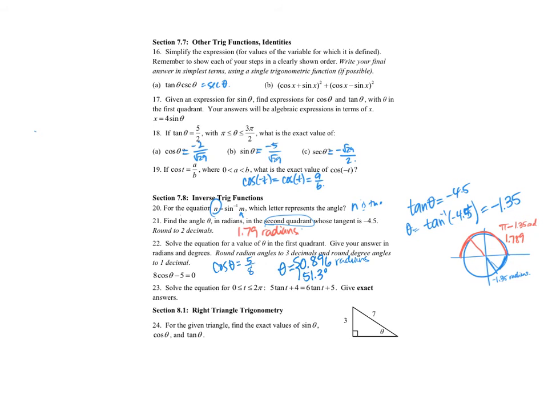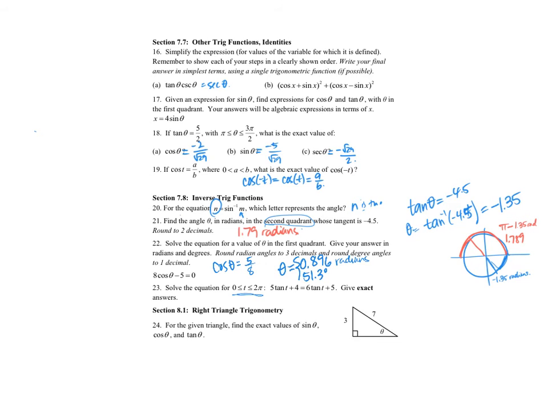Number 23 says solve the equation, again, between 0 and 2 pi, so we're going to probably solve this in radians. It gives me that equation there. What I'm going to do is move everything that has tangent on it to one side and all the constants to the other side.